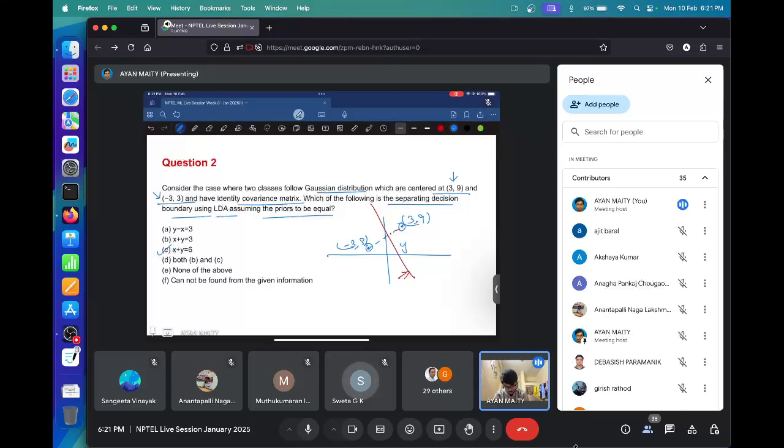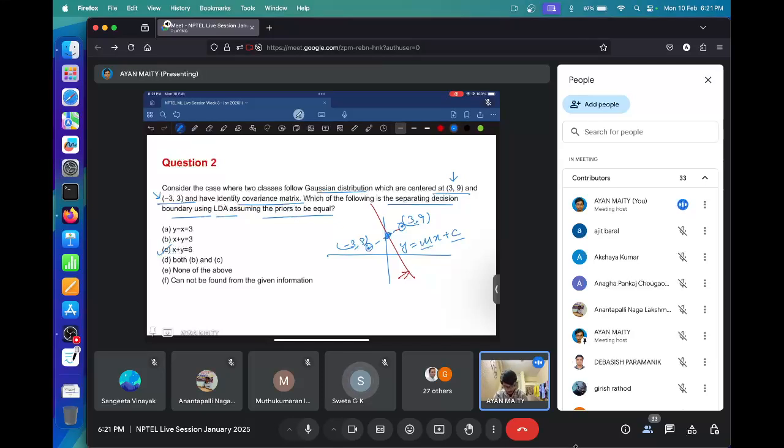If we consider the equation to be y equals mx plus c, we have to find out the values for m and c from the given information. The first thing we know is that since this line is the perpendicular bisector of the segment joining the two centroids, it must go through the midpoint of that segment.